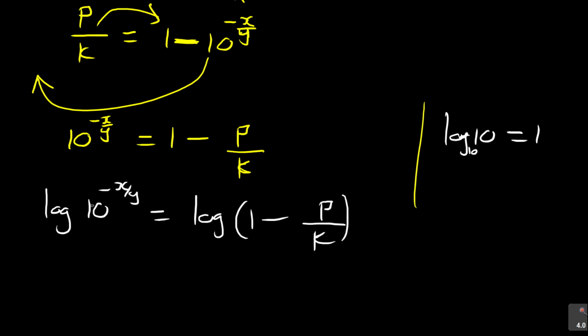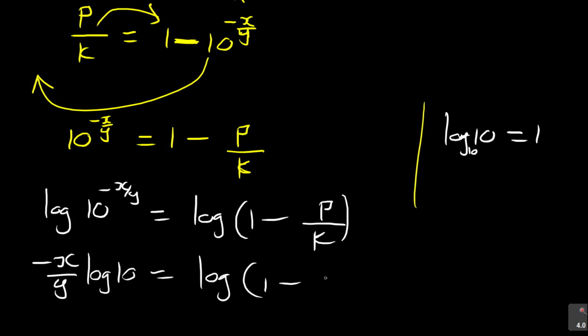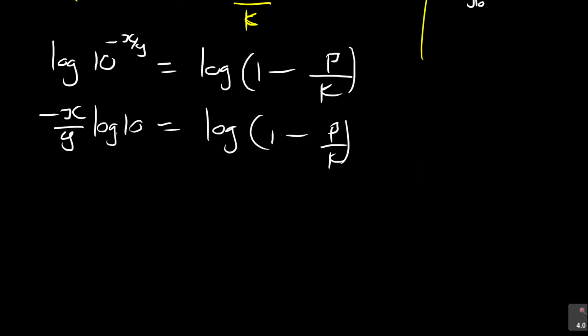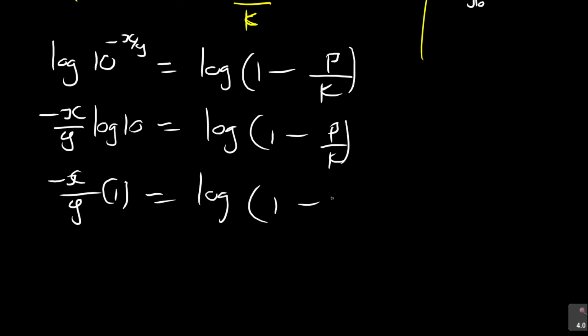Okay, then you can take that exponent and drop it to say negative x over y log 10 is equal to log of 1 minus p over k. And then you can finalize this and say, remember log 10 is 1, so it's negative x over y bracket 1 is equal to log 1 minus p over k.